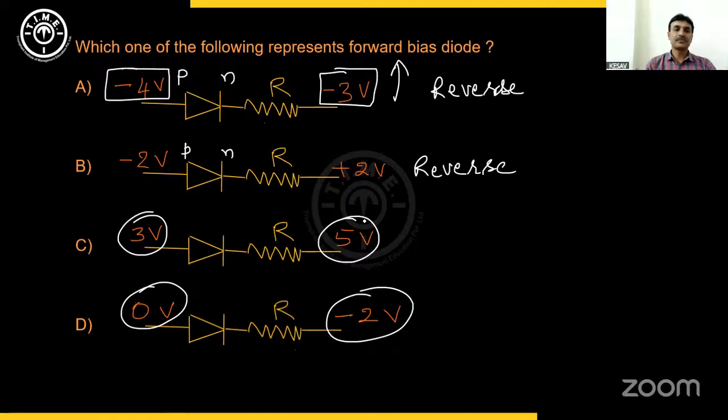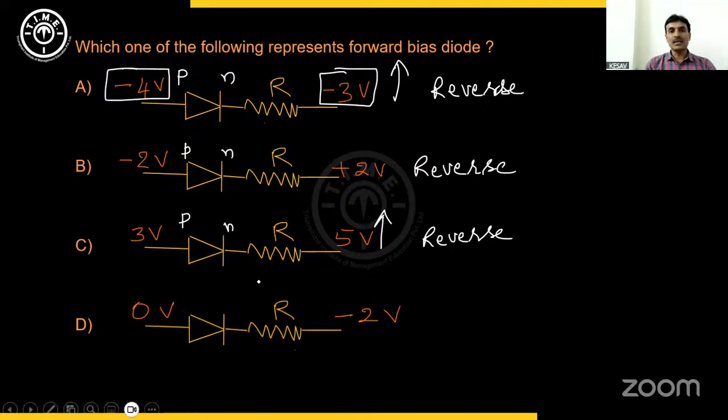Isn't it? Now, C, 3 volt and 5 volt. We know very well that 5 is more than 3. That means higher value is connected on the N region, lower value is given to the P region. Same as option A, it is also a reverse bias mode.